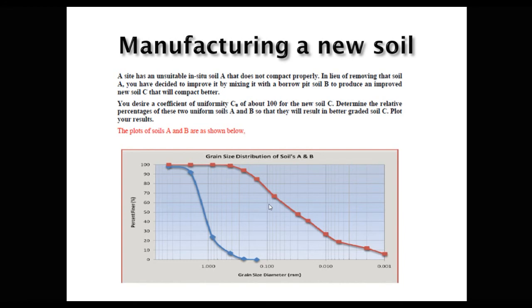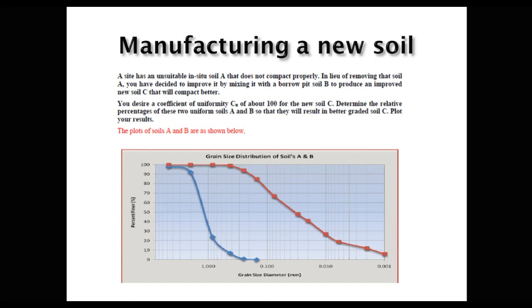This would be a very interesting example to solve without even looking at the solution, because essentially what you're trying to obtain here is a uniformity coefficient of 100 for the new soil type C. So to do that, we can use various combinations of soil type A and soil type B. For example, it could be 30% soil type A, 70% of soil type B, which will eventually form soil type C. Similarly, you could use other combinations too. And it really depends upon what kind of uniformity coefficient you're going to get.